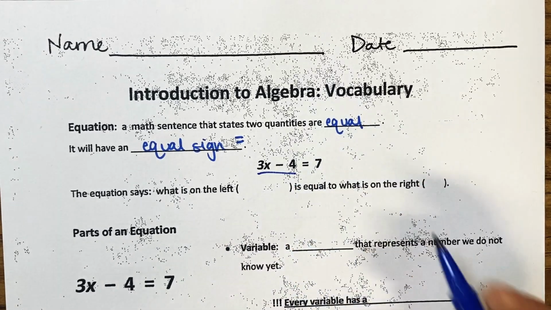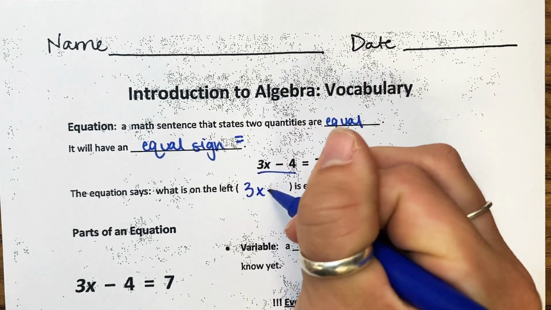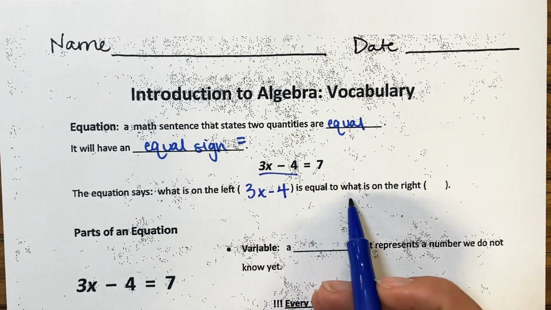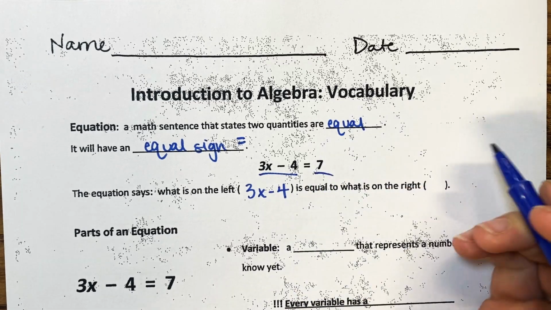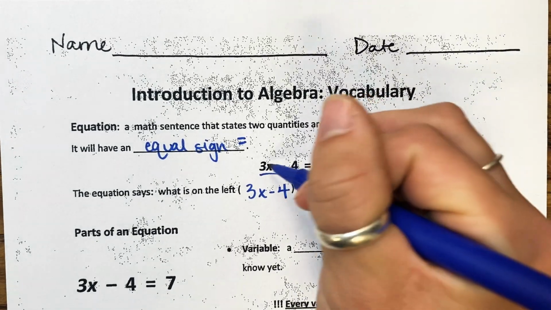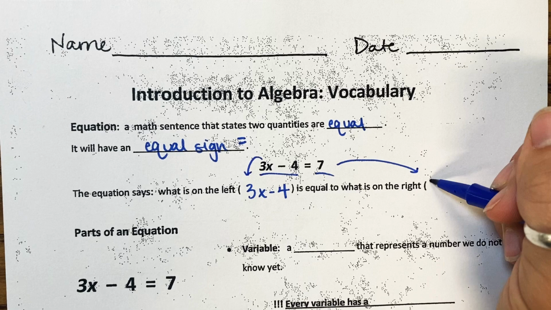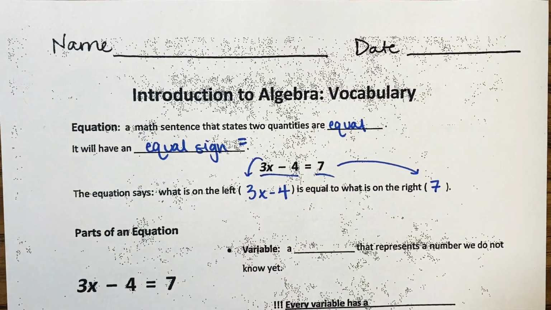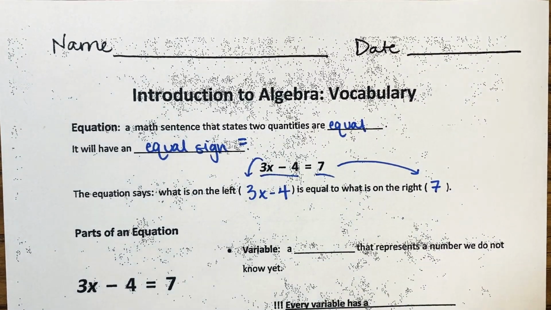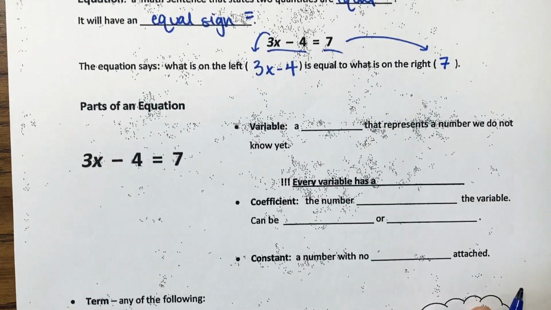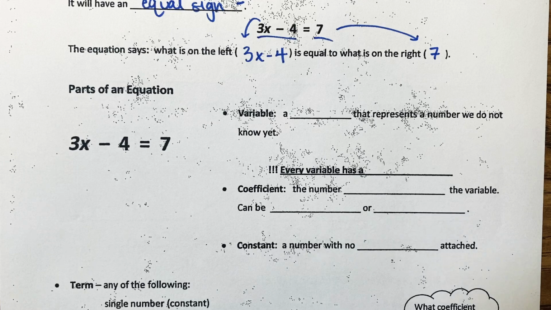Okay, what is on the left, 3x minus 4, is equal to what is on the right. So boom, left is 3x minus 4 is equal to 7. Okay, awesome.